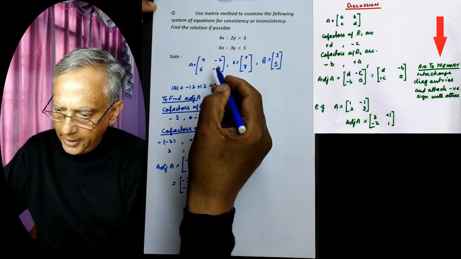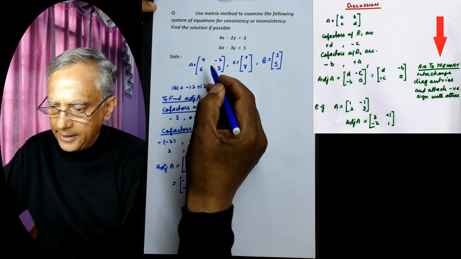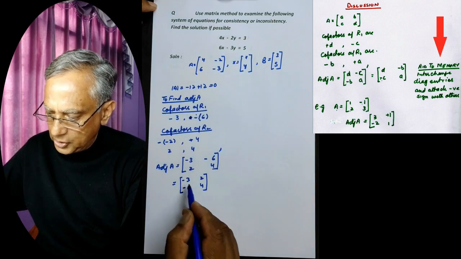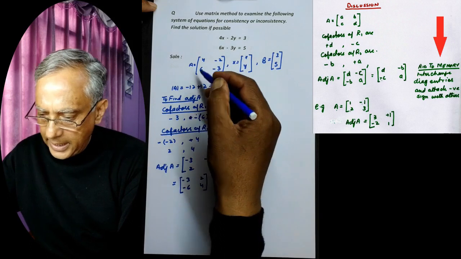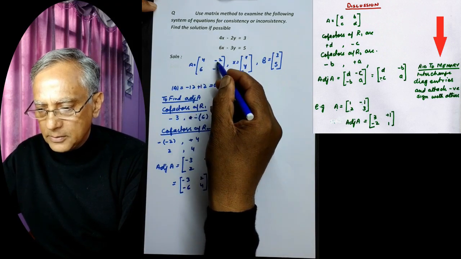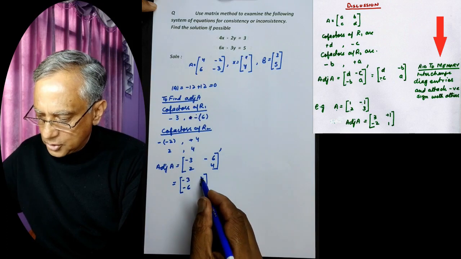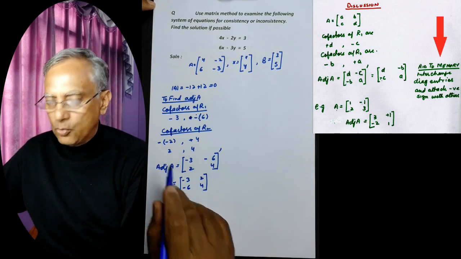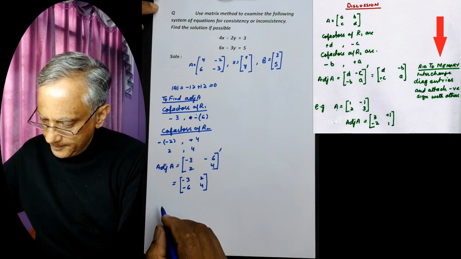And the shortcut is to interchange the diagonal entries. So this will become minus 3 and this will become 4. Minus 3, 4. And attach a negative sign with the rest. So this will be minus 6, 2, and these will get interchanged. This is the shortcut to find the adjoint of A.